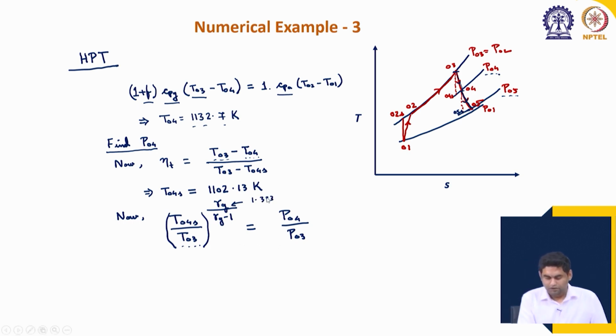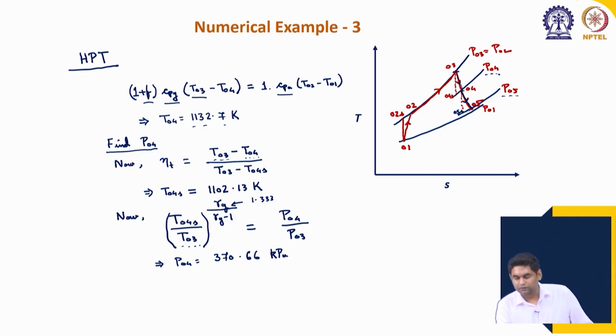So, from here we get the value of P04 and P04 comes out to be equal to 370.66 kPa. Okay. Of course, it has to be higher than 120 kPa, otherwise the problem is not correctly defined. So, in this case we see that the problem is correctly defined, so that we can have expansion in the next turbine. Okay. 370.66 kPa. So, state 4 is fixed.